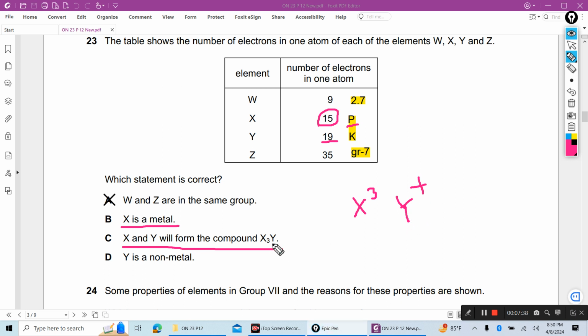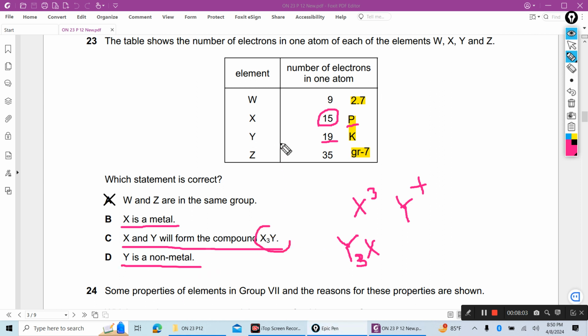So Y valence is 1, X valence is 3. X valence is 3, Y3X will be formed, so this is wrong.